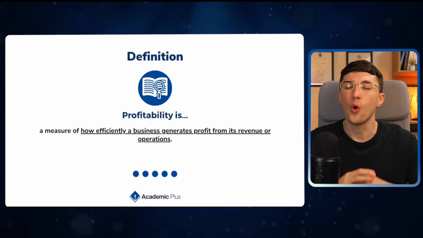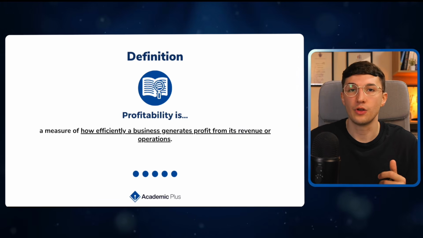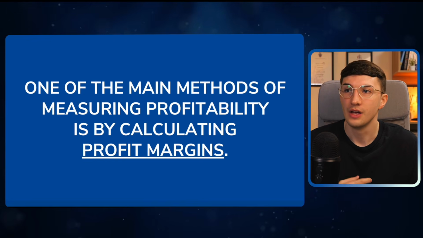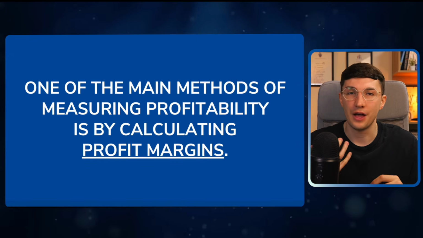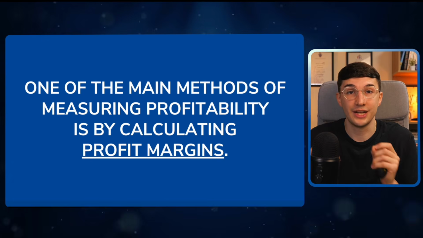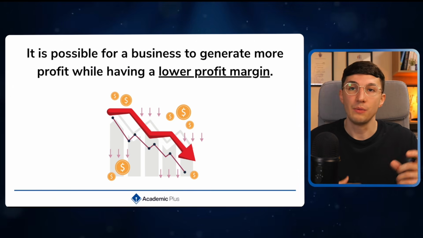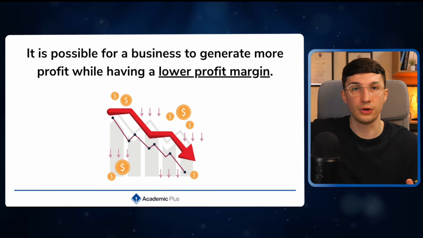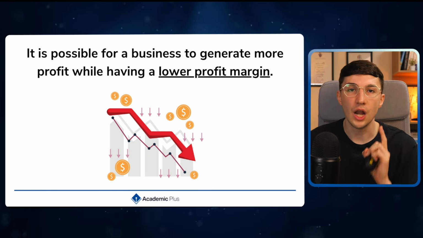So profitability just means the ability of a business to make a profit from either their revenue, costs, or their investments. One of the main ways of measuring profitability is by looking at profit margins. It is possible for a company to be making more profit than the previous year, but at a lower profit margin.